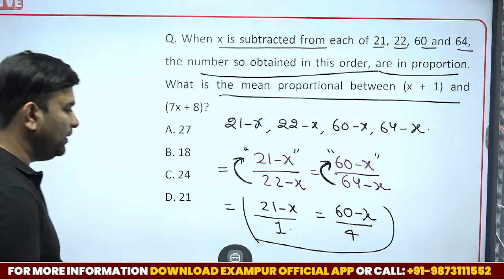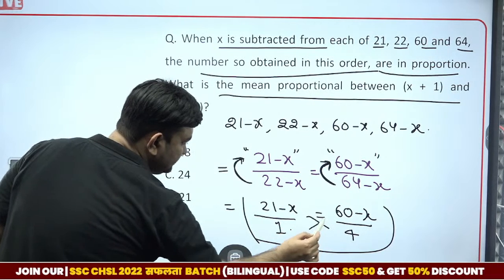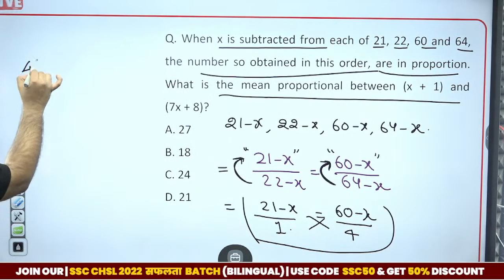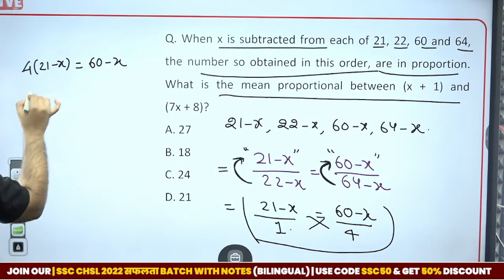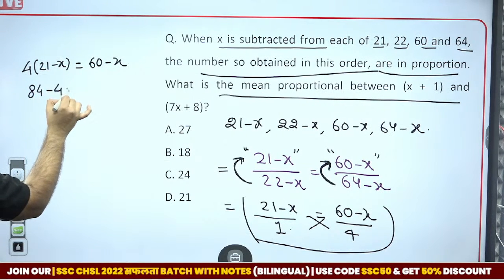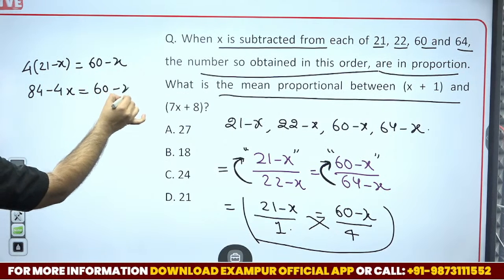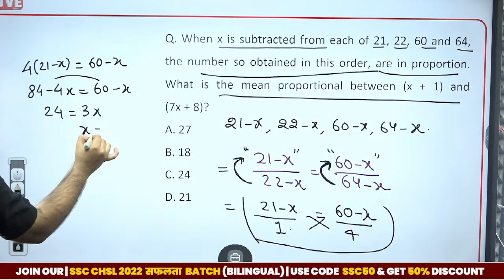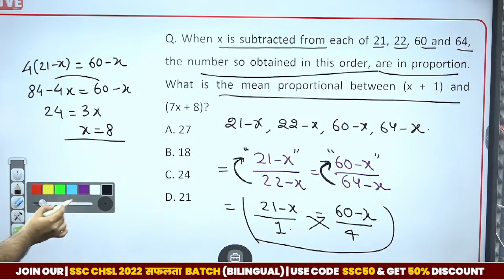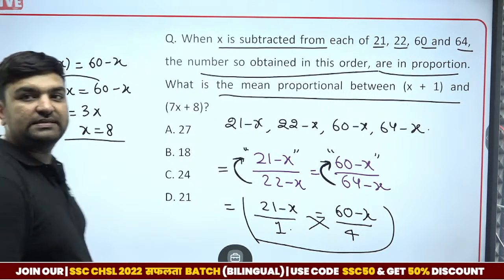Easily solvable problem. So cross multiply. 4 times of 21 minus X is equal to 60 minus X. 84 minus 4X is equal to 60 minus X. 24 is equal to 3X. X is 8.